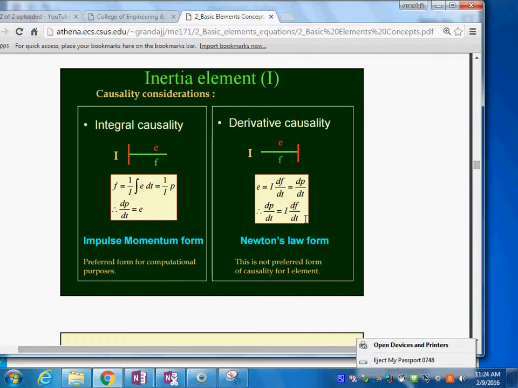It's just easier. Normal systems have integral form. It's only when we do some weird connection that the derivative form comes up. So that's the constitutive relationship in here, as you can see, one for the integral form and one for the derivative form.